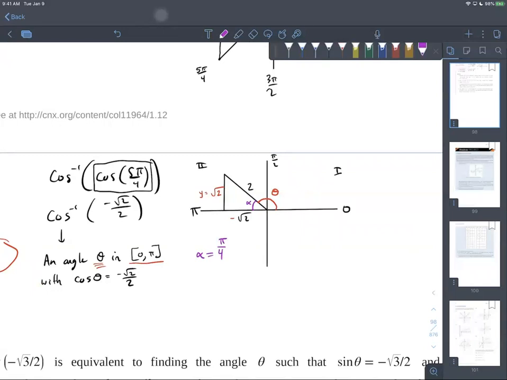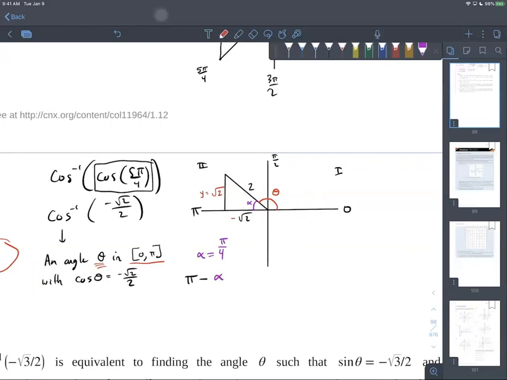So what is the angle theta? If you take a close look at the structure here, pi radians is half of a circle, half of a full revolution. So pi minus alpha is equal to theta.